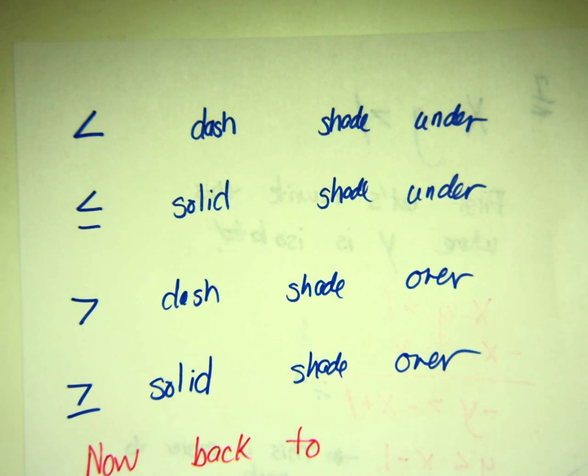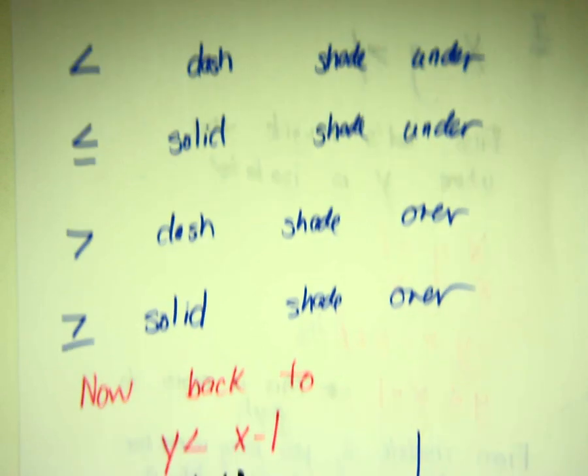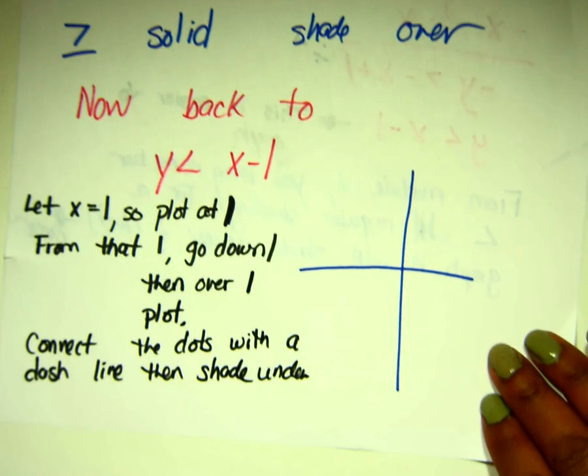When you're dealing with an inequality that is less than or equal to, it's going to be a solid line when you connect your dots and you still shade under. With greater than, it's going to be a dashed line when you connect the dots, but when it's time to graph, you shade over the line. Greater than or equal to is going to be a solid line, and then you're also going to shade over when you graph it. Alright, so let's go back to this now.